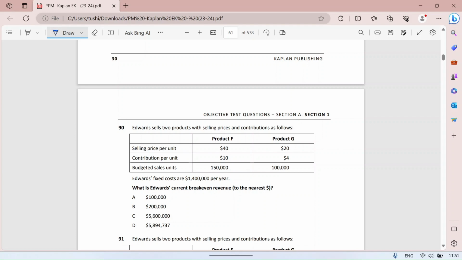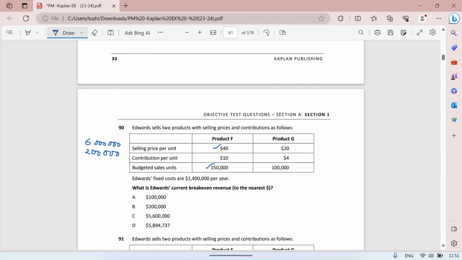Basically, if I find out how much my revenue is going to be, my revenue for product F is going to be $40 multiplied by 150,000 units. So this will give me my revenue of 6 million. Similarly for product G, I will have 2 million.